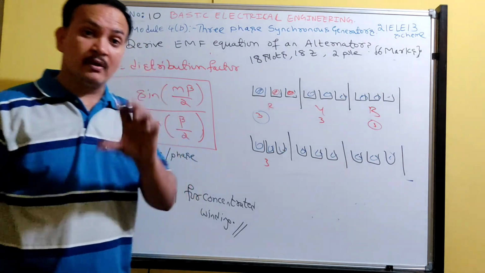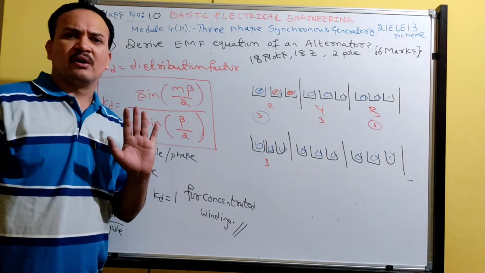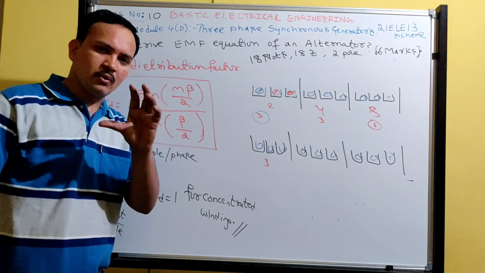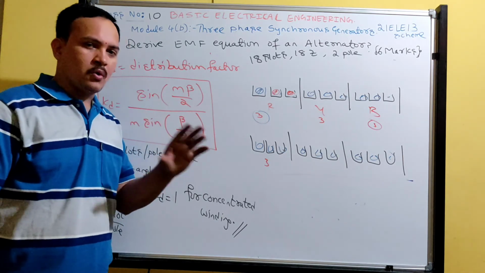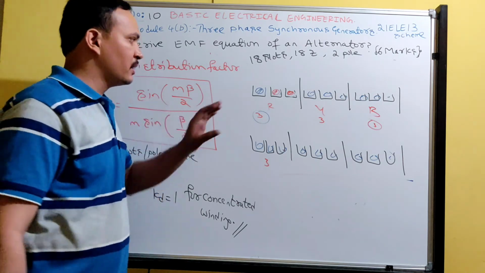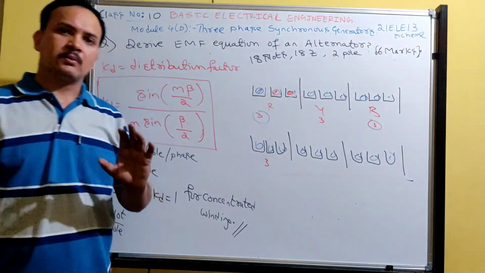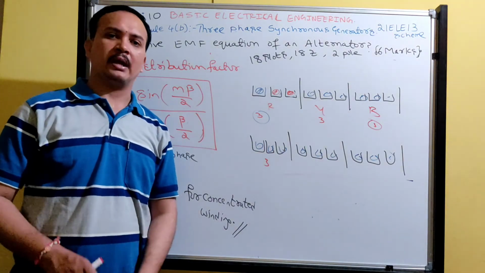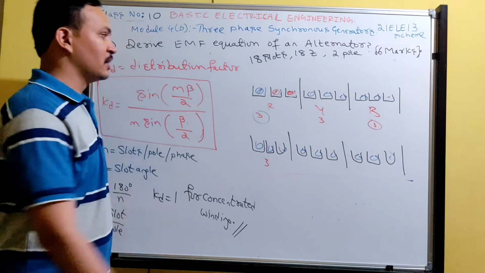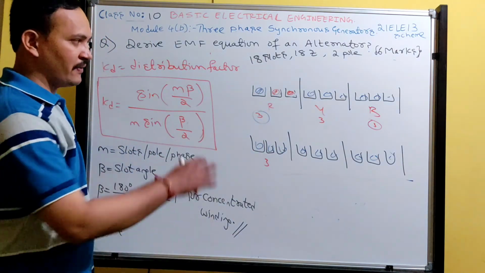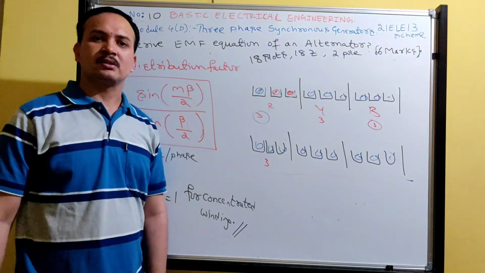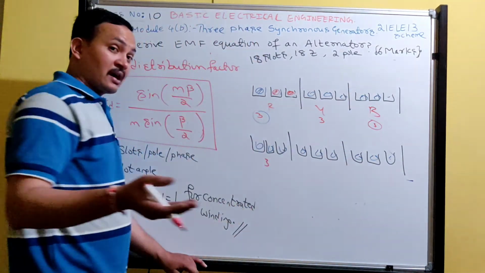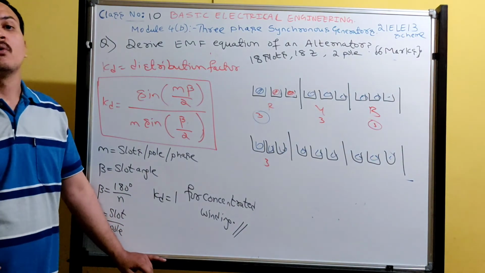The quality of the induced waveform is almost sinusoidal. You may get a little reduced induced voltage, but the quality of the waveform is good. In concentrated winding, you will get more voltage, but the quality of the waveform is not good. It becomes non-sinusoidal because you are not effectively utilizing the slots. Understood, guys? What is the difference between concentrated and distributed winding?